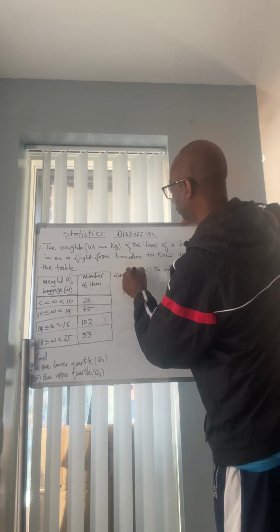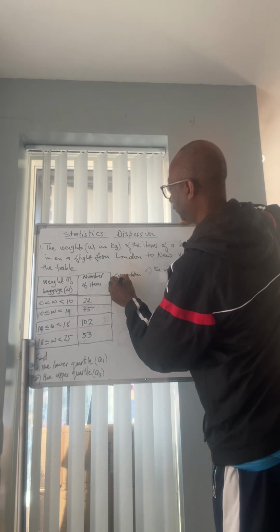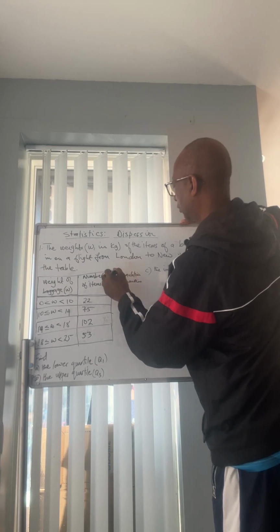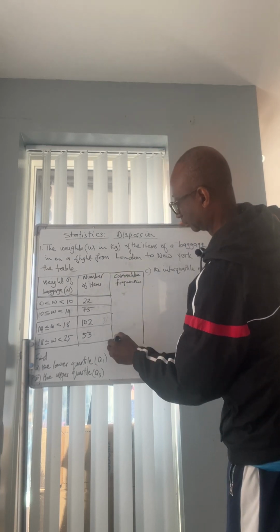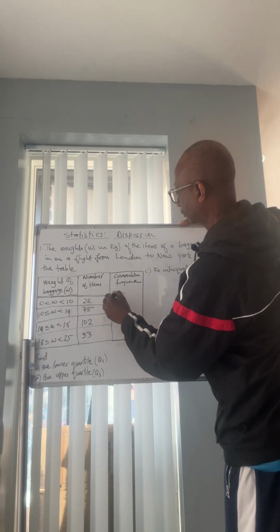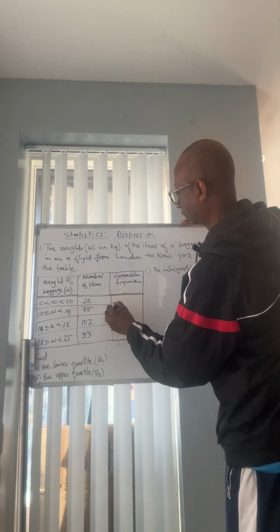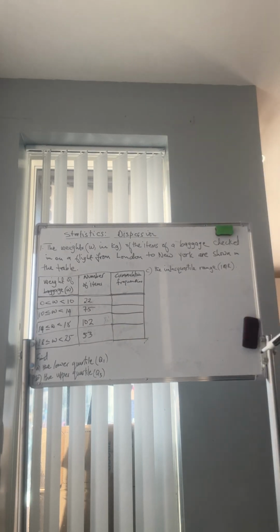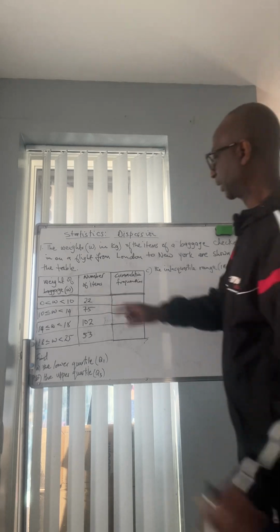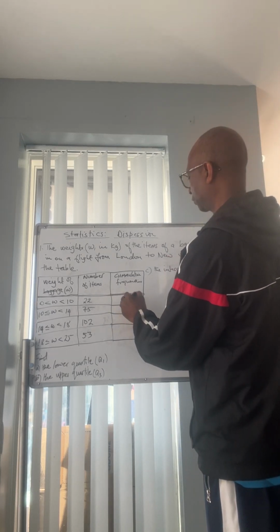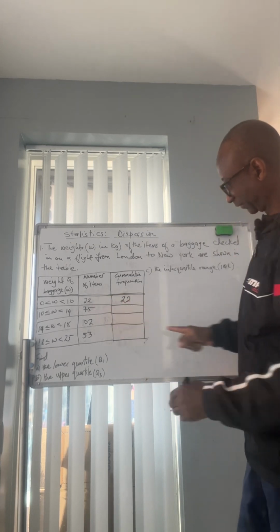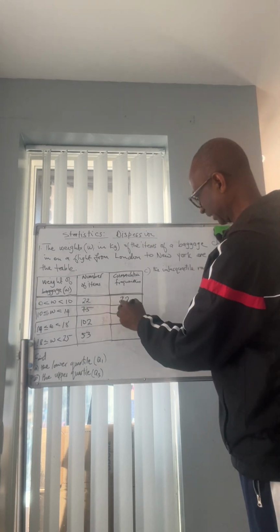Cumulative frequencies. So we add this one. Correct. Now we have this third column here. The first frequency here is 22, it doesn't change. If you now add 22 to 75, you get 97.